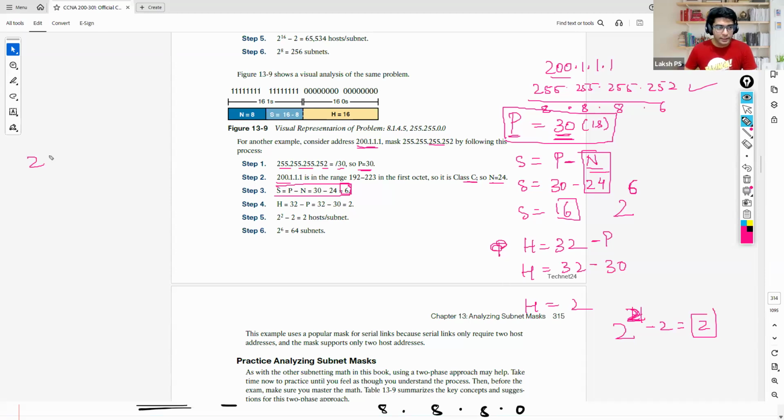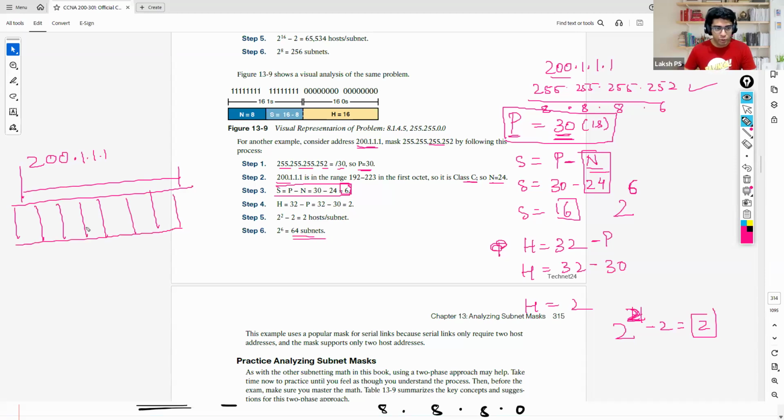So here we have a 200 network, and we divided it into 64 smaller subnets. This is subnet number 1, subnet number 2, 3, 4, 5, 6, 7, like that.